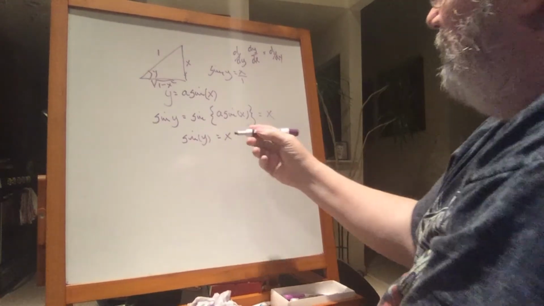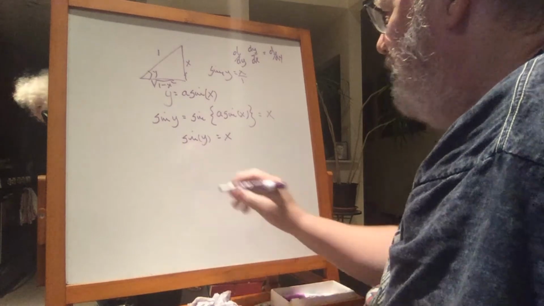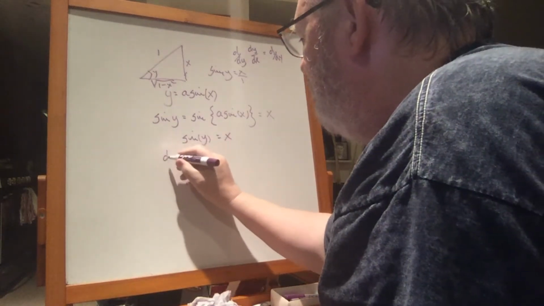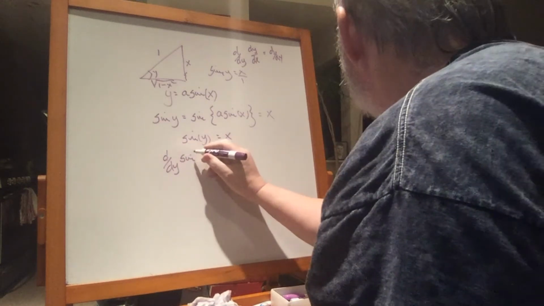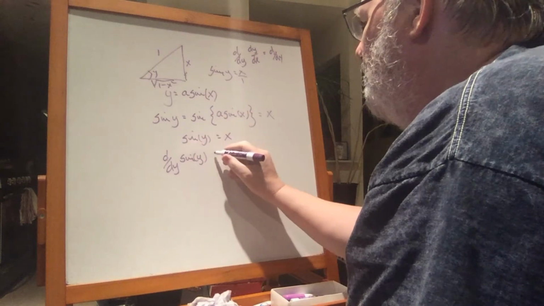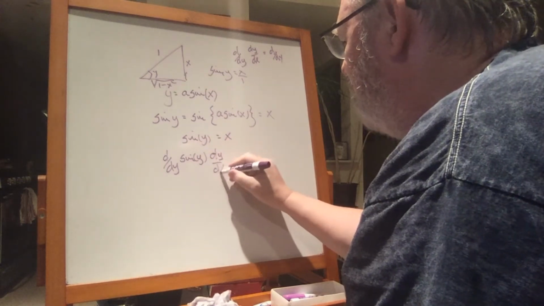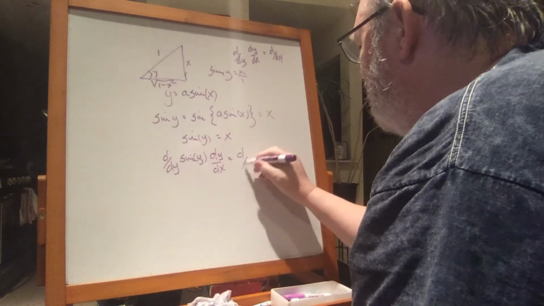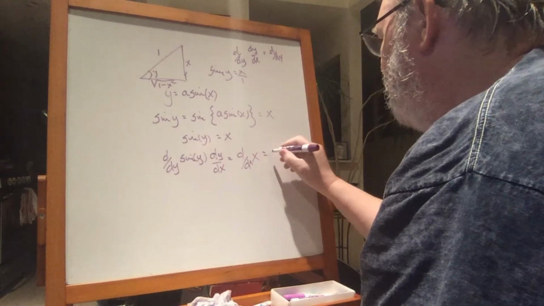So now we apply the chain rule to this relationship. d dx of sine y equals d dx of x, which equals 1.